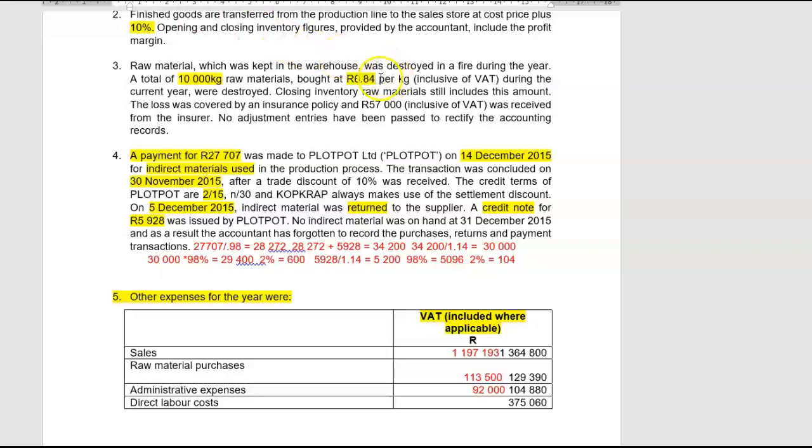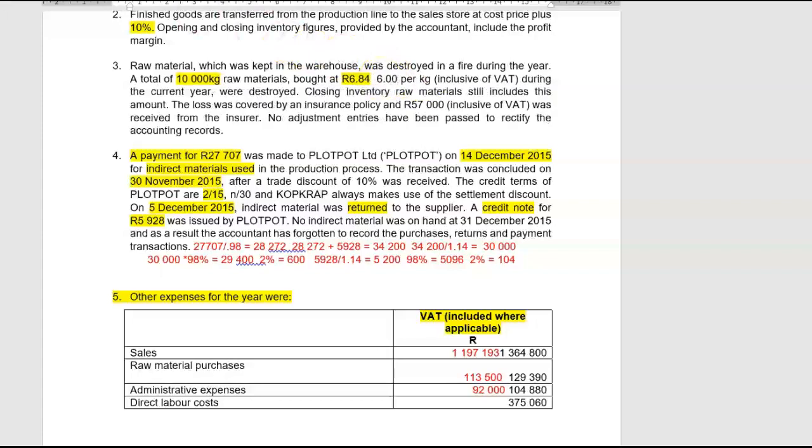So if I'm going to take out the VAT, 6.84 divided by 1.14 gives me a total of 6 Rand per kg. So 6 Rand per kg multiplied by 10,000 gives us a loss of 60,000 Rand.